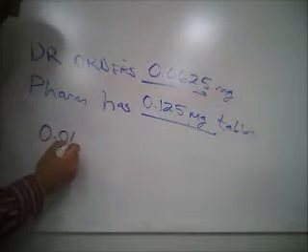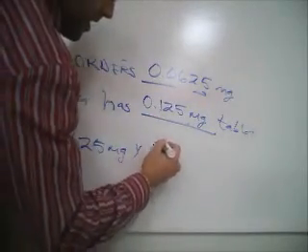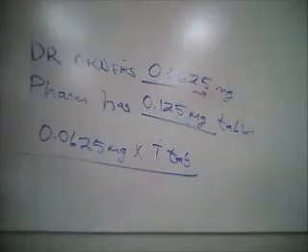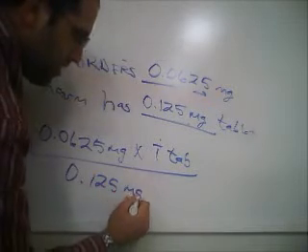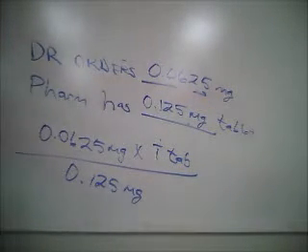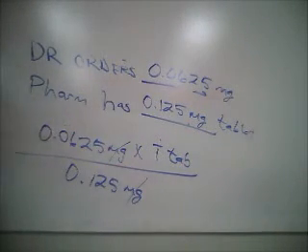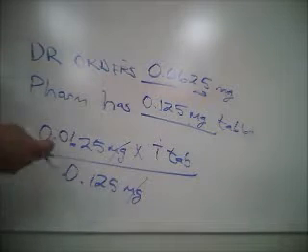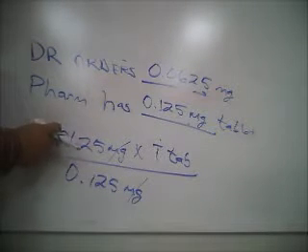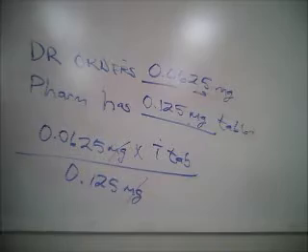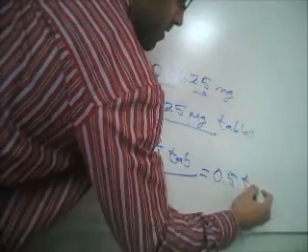Our want, 0.0625 milligrams times our volume on hand, again, 1 tablet, over our have of 0.125 milligrams. Now, if you put this into the calculator, the milligrams go away, and it's going to give you 1/2 again, because we have 0.125 milligram tablets, and we're only going to give 0.0625 milligrams. So it's going to equal 0.5 tablets.